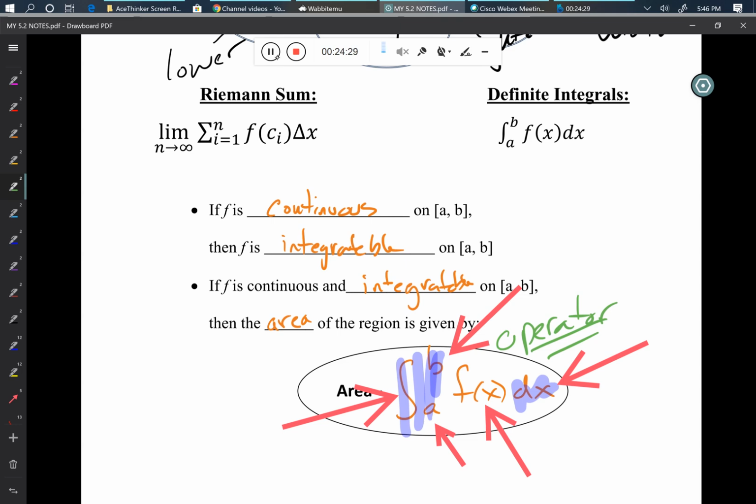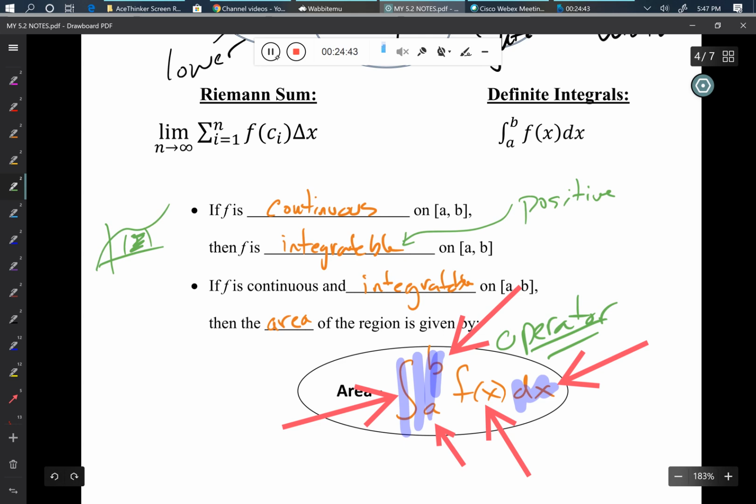Okay. Now, one thing about integrable over here is we're looking for functions f of x that are going to be positive on this interval, because for this to work, the function needs to be above the x-axis so we can find that area. So that integrable part here is about being positive on the interval that we're working with.